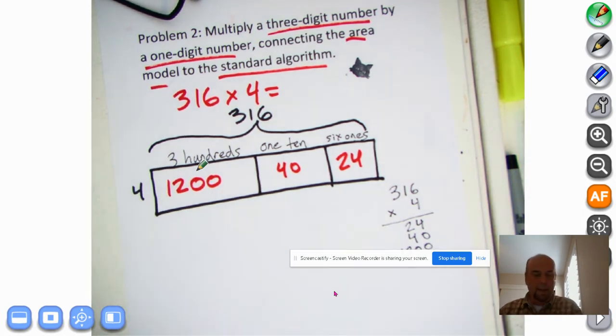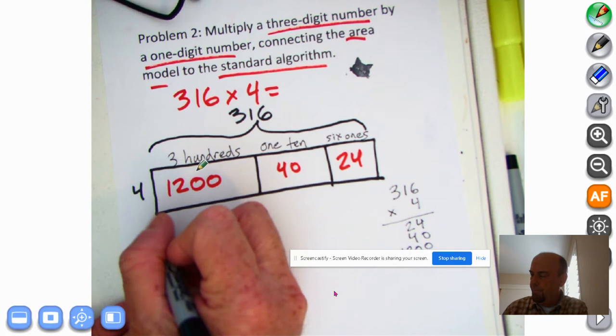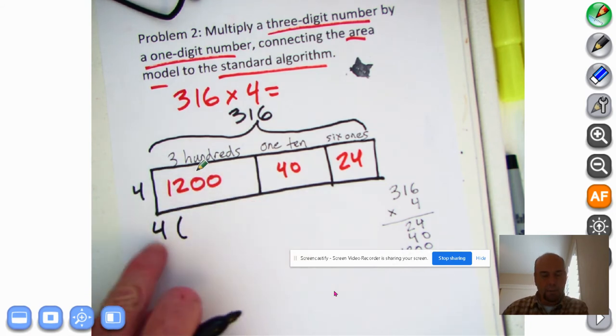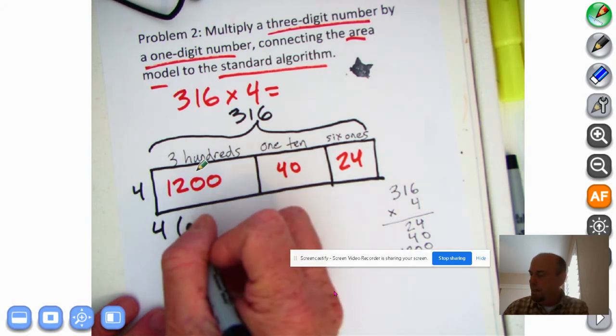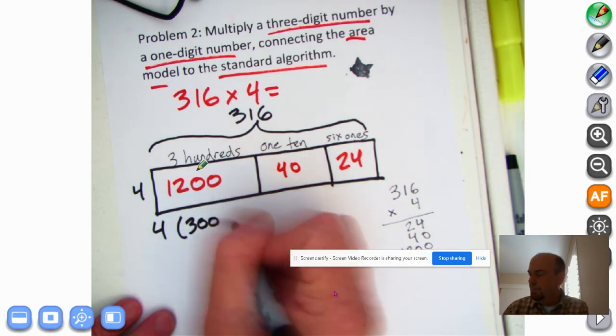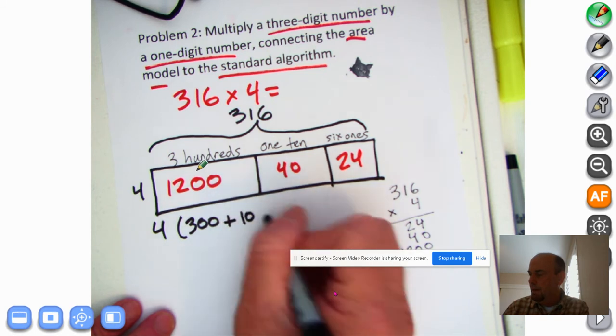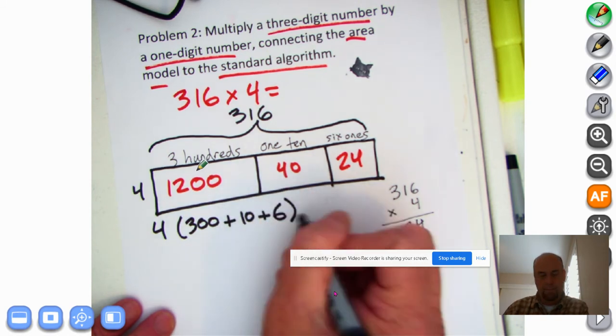So basically what we have going on here is this. 4. And when there's no space, that means we multiply. When it's just a digit next to a number in parentheses, we just go ahead and know it's multiplying. Plus 4 times 300 plus 10 plus 6.